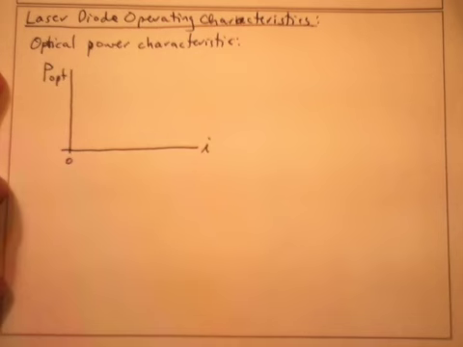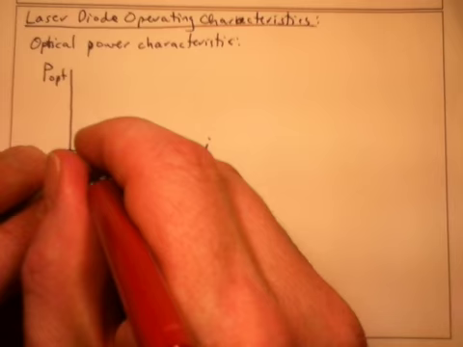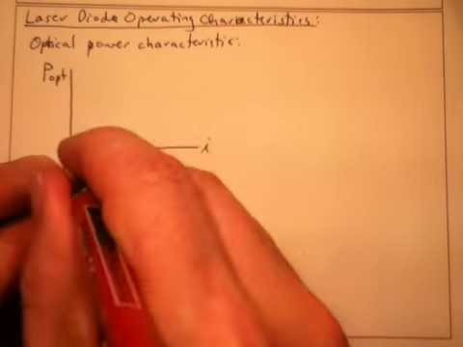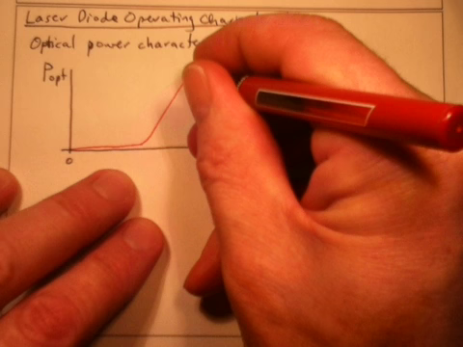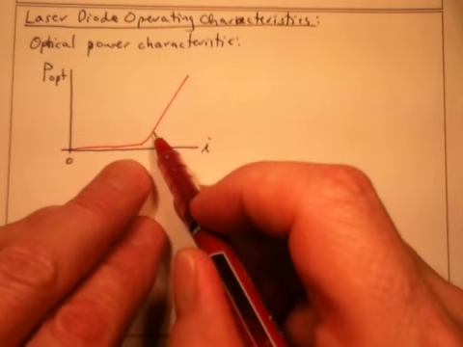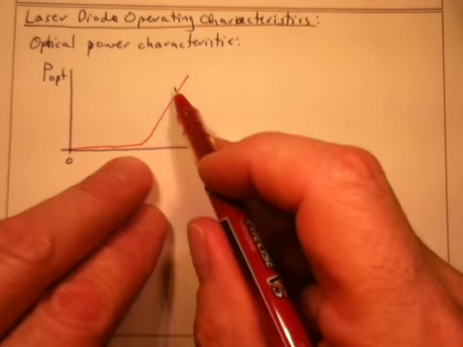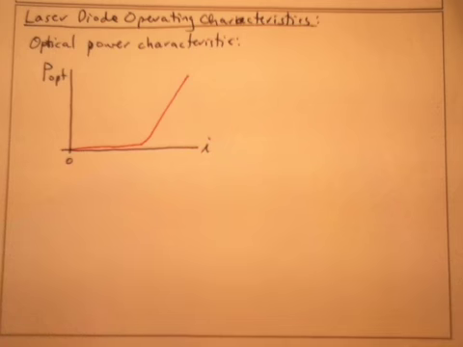Starting with 0, you have to take the drive current all the way up to some threshold before you start getting the output, and this brings your gain medium up to its threshold.